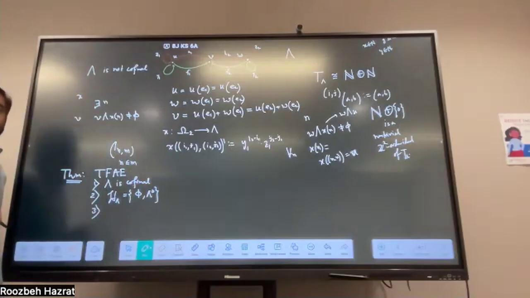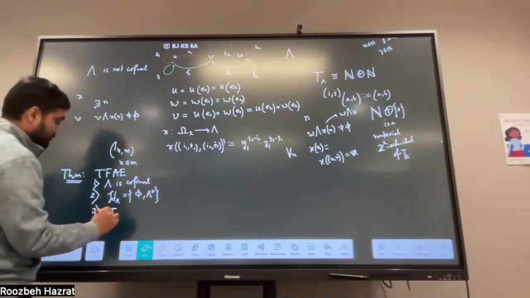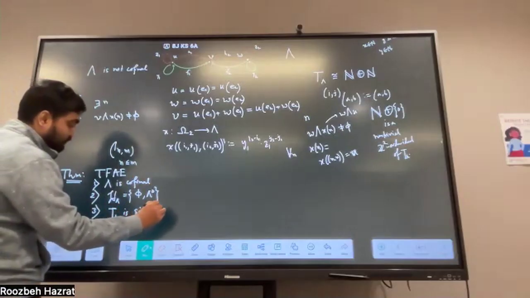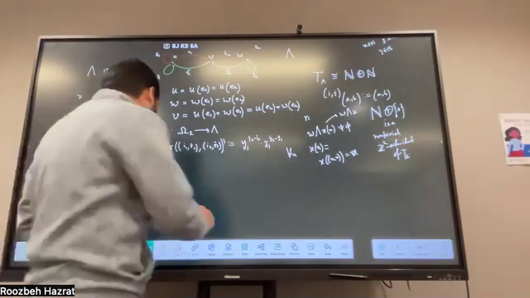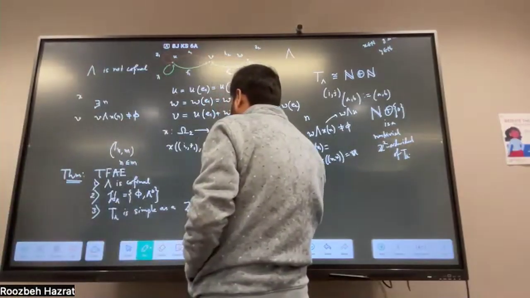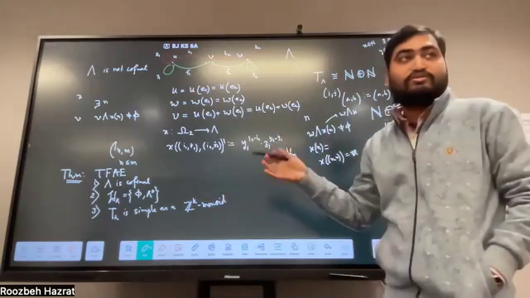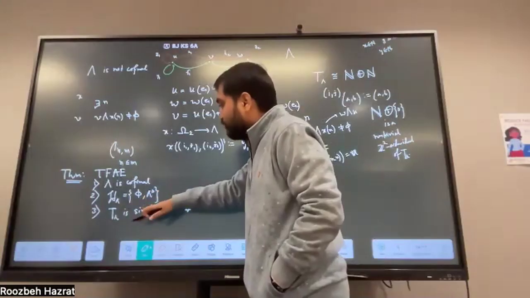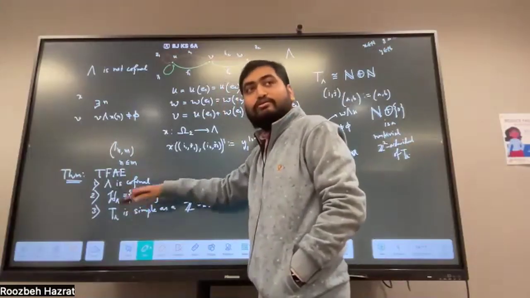And the third one is the talented monoid property: T lambda is simple as a Z^k monoid. That means it has no non-trivial Z^k order ideals. So in this way, you can relate this talented monoid property with the geometric property, right?